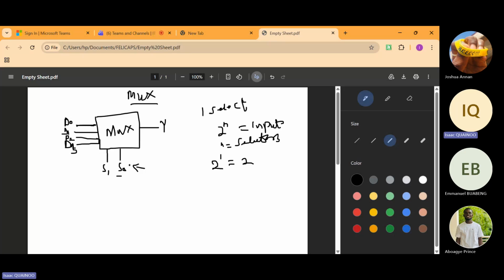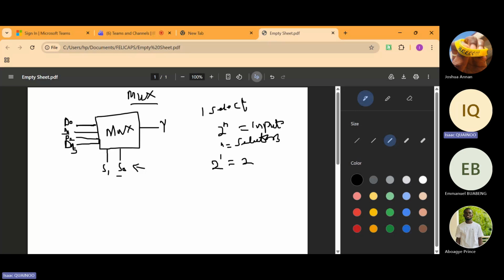Based on the number of outputs and its corresponding number of inputs, and its number of select lines, we are going to name our selector.